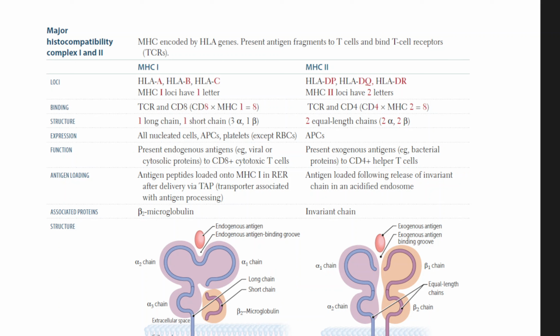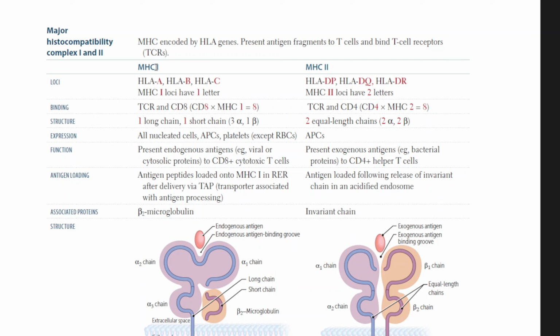The major histocompatibility complex molecules are cell surface proteins, essential for the adaptive immune system. Acting as antigen-presenting molecules, they play a role in recognizing and distinguishing between self and non-self antigens, allowing the immune system to respond effectively to foreign invaders like pathogens or tumor cells.